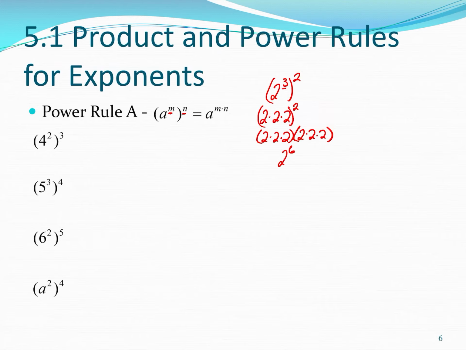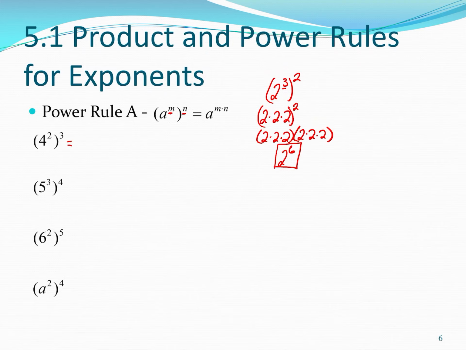And so, again, somebody long before us realized that if I take some base and raise it to a power, and then I raise that to another power, I'm doing that base the number of times of the second power, and so I can just multiply those and get 3 times 2 in this case and get 2 to the sixth. And so this rule is the only time that you're ever going to multiply exponents. And so when it's a power raised to another power, we'll multiply.